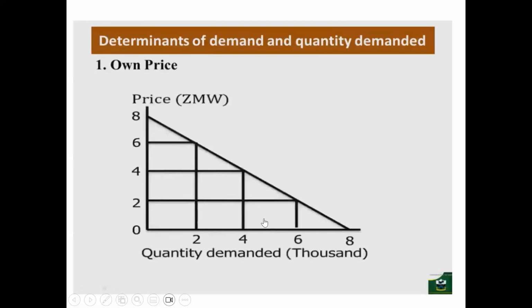So we see that from our previous table or graph, when price is at 8, quantity demanded will be 0. When price changes to 6, quantity demanded increases to 2,000. And for a further reduction in price, quantity demanded increases. Therefore, the change in price will cause a movement along the demand curve.